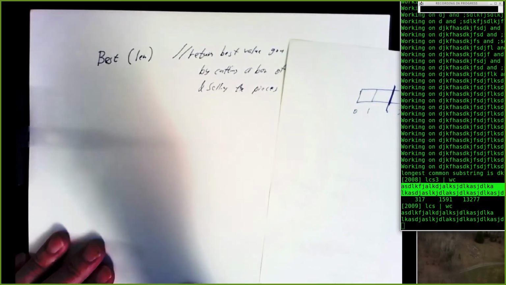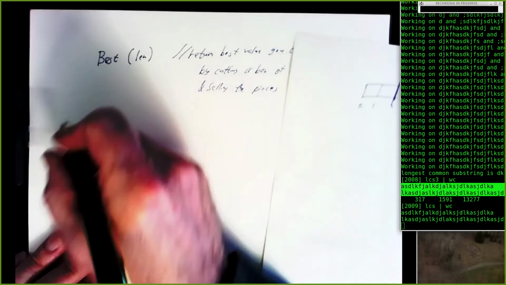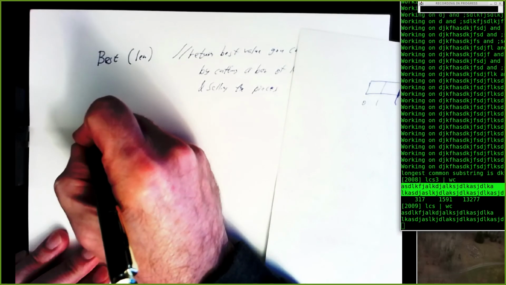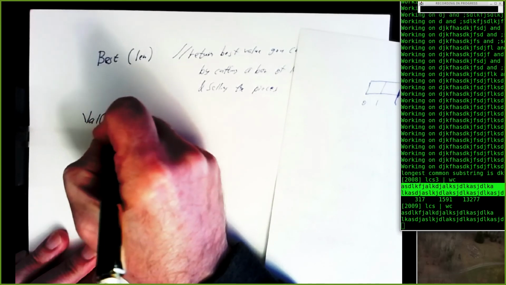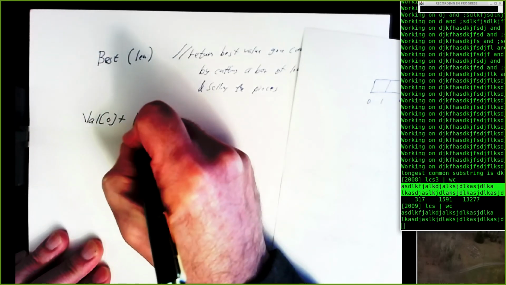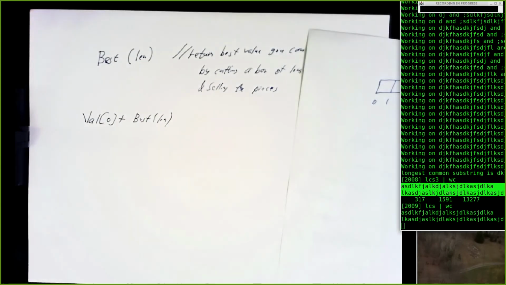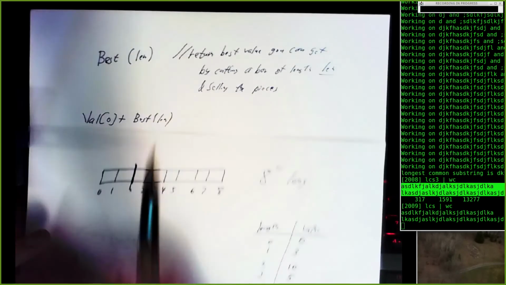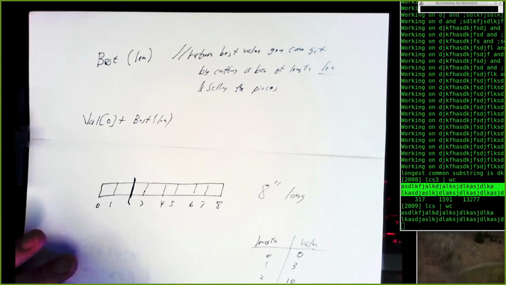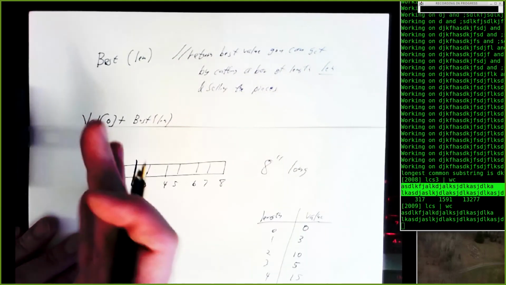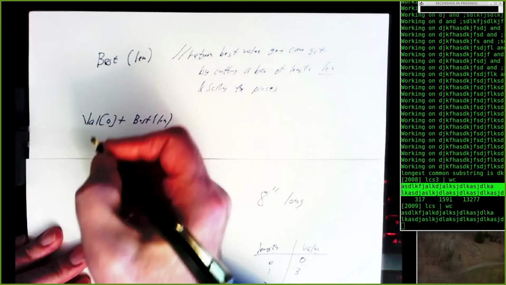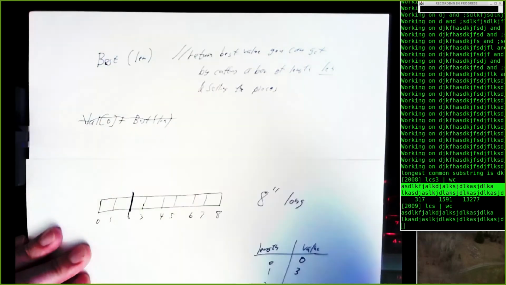So we perform the following calculations. The value of a 0-length bar plus the best value of a bar of length len. Well, that doesn't really help us because we're trying to figure out the value of a bar of length len. And if we make our first cut at the 0 mark, that doesn't really tell us anything. So we're not really worried about that.